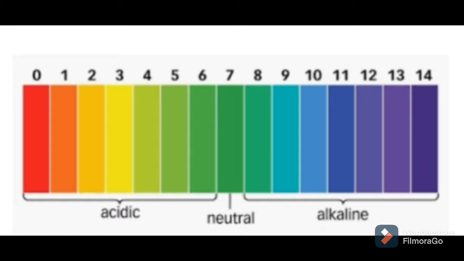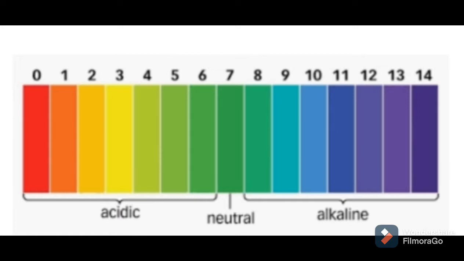So this pH scale ranges between 0 to 14. Remember these things, students. What is the range of pH scale? 0 to 14. If the pH of the given solution is between 0 to 7, then the solution is acidic. If the pH is between 7 to 14, then the solution is basic in nature. And if the pH of the solution is exactly 7, then the solution is neutral in nature.